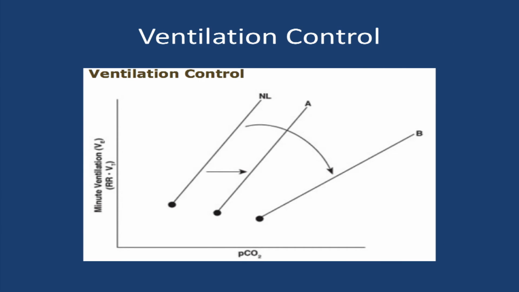This is a graph of ventilation control. On the left you see minute ventilation, and on the bottom you see the increasing horizontal line of the PCO2. We can see that when PCO2 moves to the right, there is a change in the ventilation, and the pH descends.